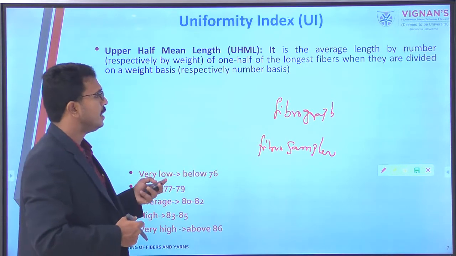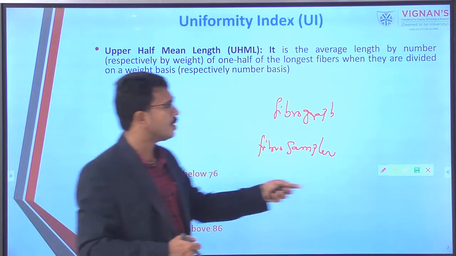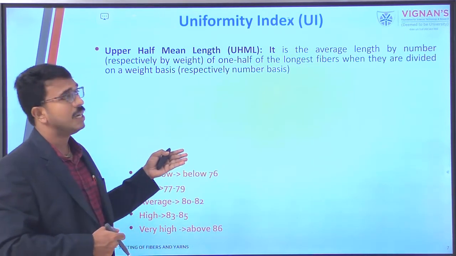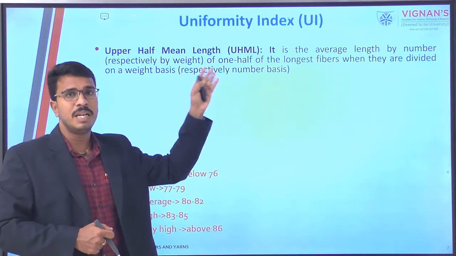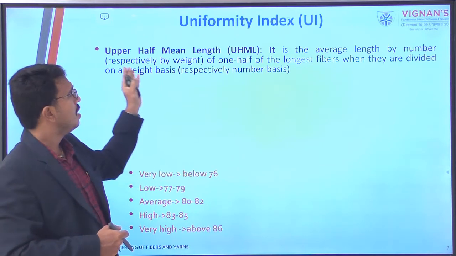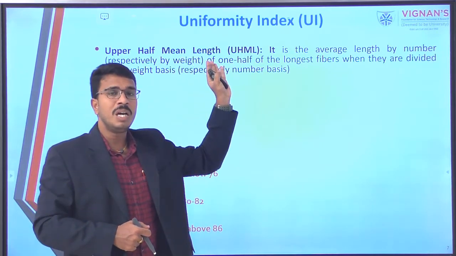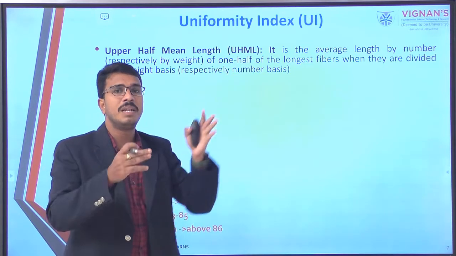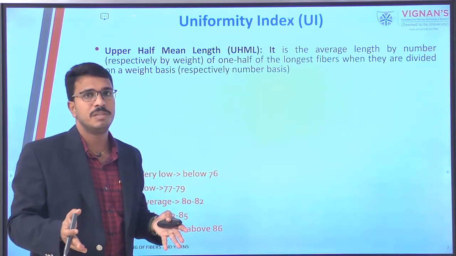Here we can also get the upper half mean length, which is nothing but the average length by number of one half of the longest fibers when they are divided on a weight basis.